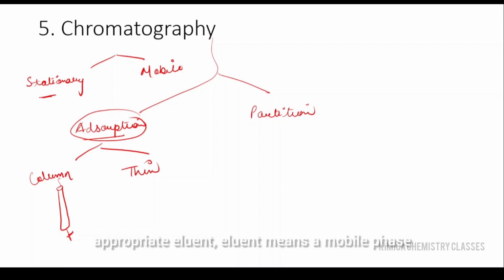An appropriate eluent, meaning a mobile phase, or a liquid or mixture of liquids, is then allowed to flow down the column. As the eluent moves, the components of the mixture are adsorbed and desorbed repeatedly by the stationary phase. The components that are less strongly adsorbed move faster down the column, while those more strongly adsorbed move slowly, and this leads to the separation of the components into distinct bands along the column.